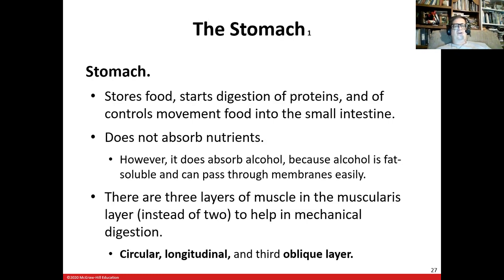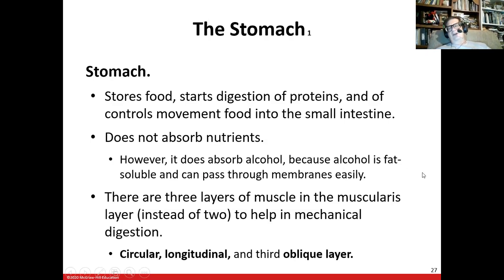All right, so let's go through this. The stomach stores food, starts the digestion of proteins, and the sphincter at the end, the pylorus, controls the movement of food into the small intestine. The stomach does not absorb nutrients. Remember, I told you it's not the main organ of digestion, even though so many people think it is. It does absorb alcohol because alcohol is fat soluble and it passes through the membranes easily.